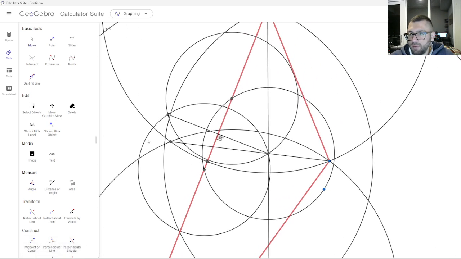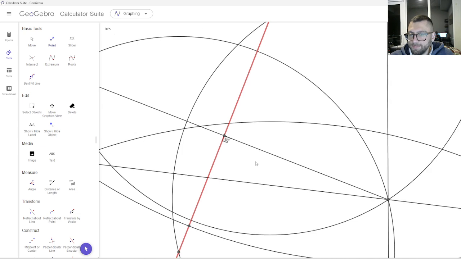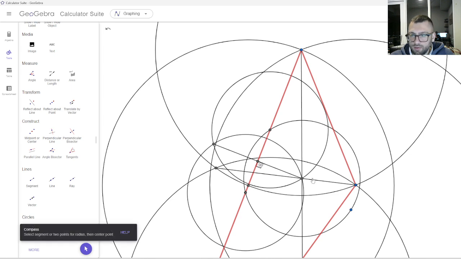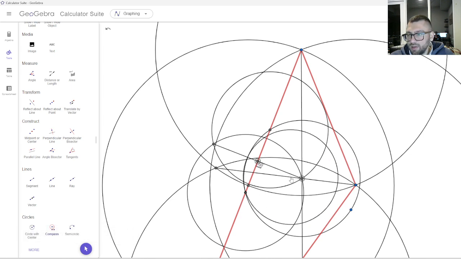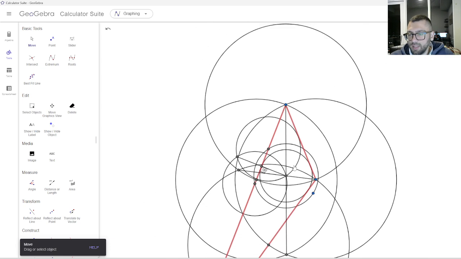Now what we're going to do is find the intersection point between that 90 degree line and the red triangle, like that. And we are now done. All we have to do now is draw a circle with the center at that in-center and the radius at that intersection point where we did the perpendicular 90 degrees line.